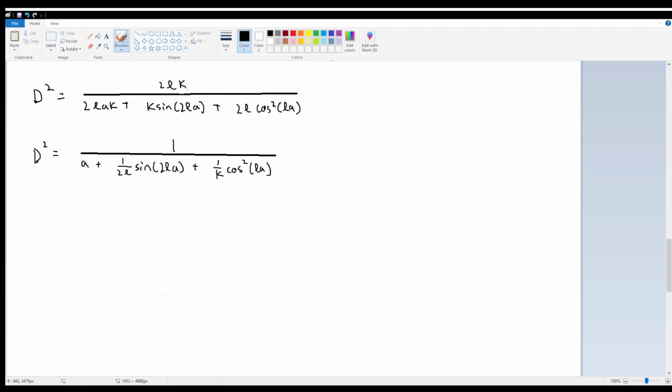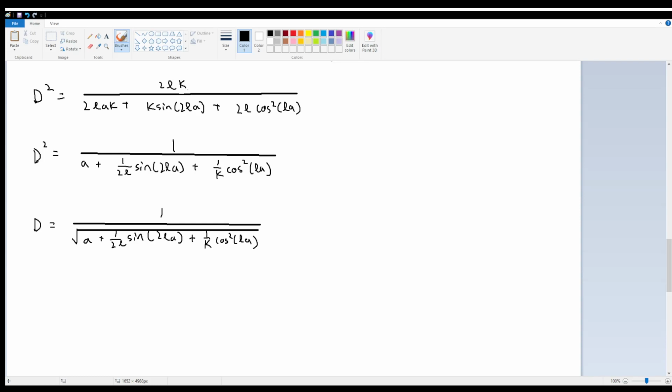So then d is just equal to the square root of a plus 1 over 2l sine 2la plus 1 over k cosine squared la, with 1 as the fraction at the top. And at this point, technically, we have finished.